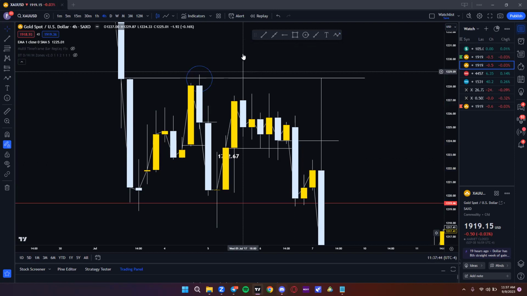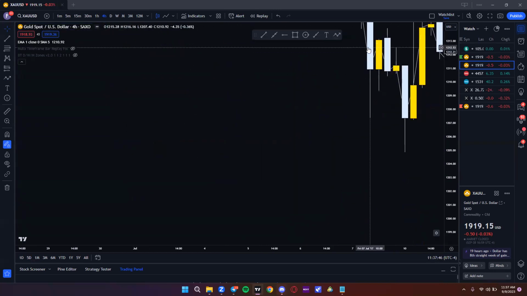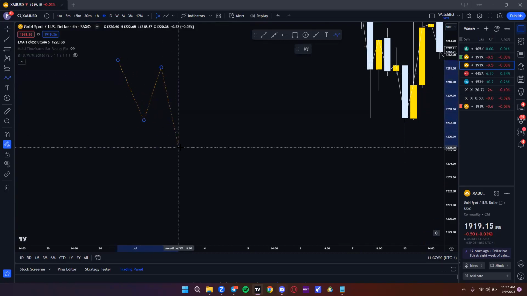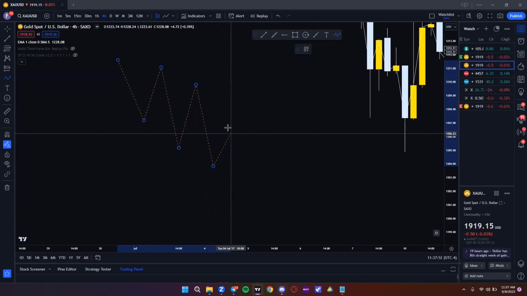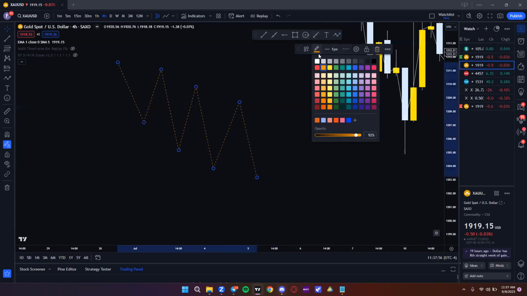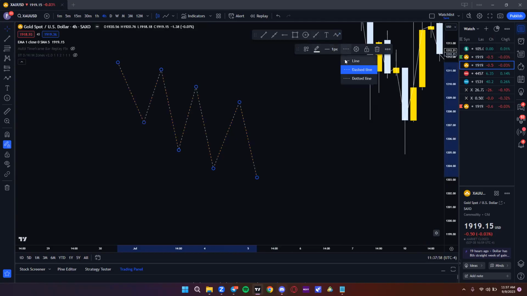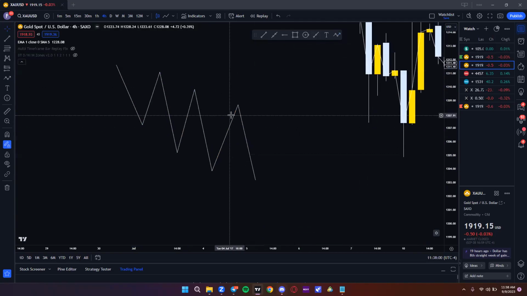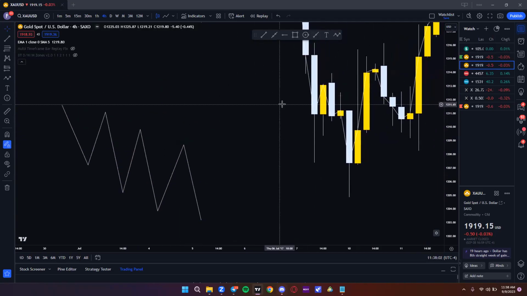So whenever there's a breakout, there's always going to be a pullback. This is just the way the market works. This is just the way the market moves. It's always going to break something and pull back to something.